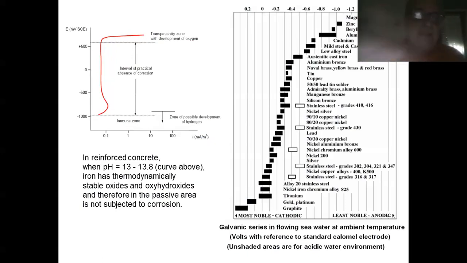Then in the transpassivity zone, of course, everything is destroyed. But if you stick to these kinds of potentials, you may play on it by selecting the right iron and trying to have the right amount of salinity in your water.